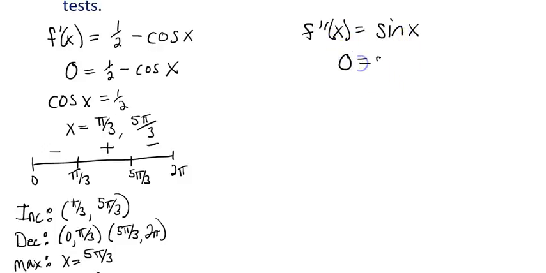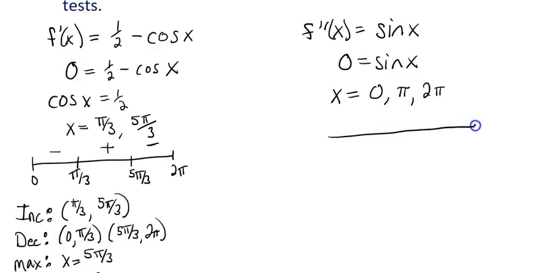And if I set that equal to 0, really, I don't have to add or subtract anything. I just have to think about the places on the unit circle where the sine is 0. And again, the sine is a y value. So we're looking between 0 and 2 pi at 0, pi, and 2 pi.